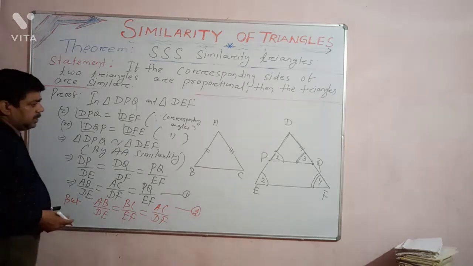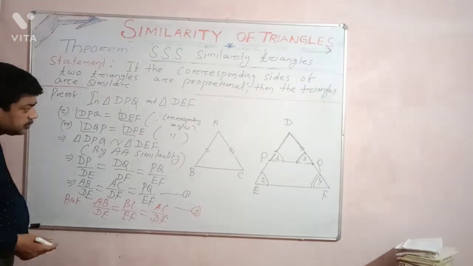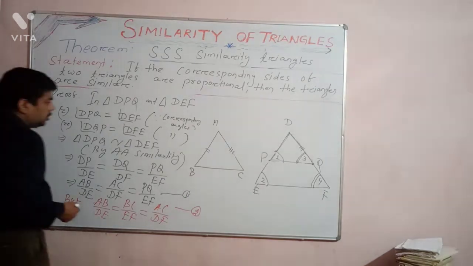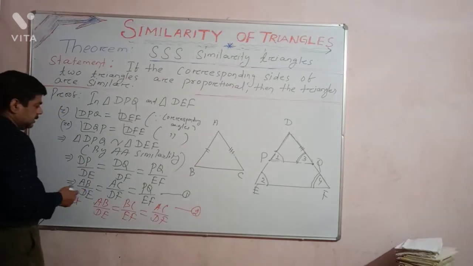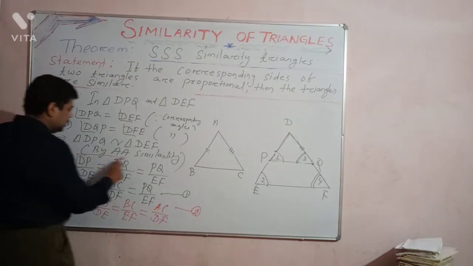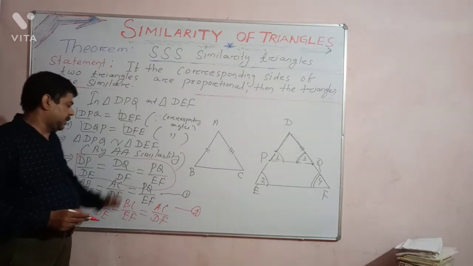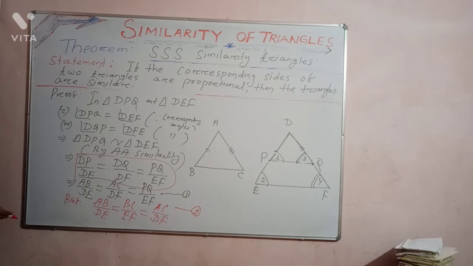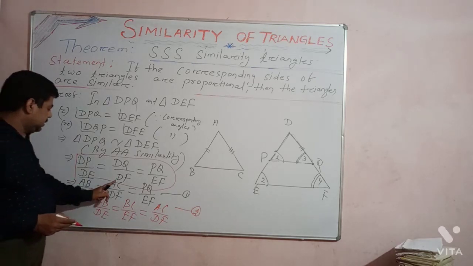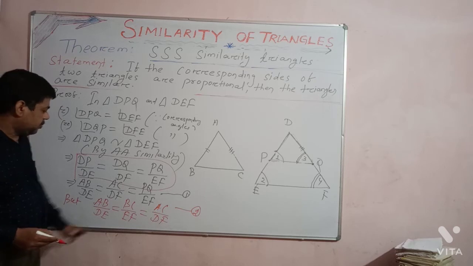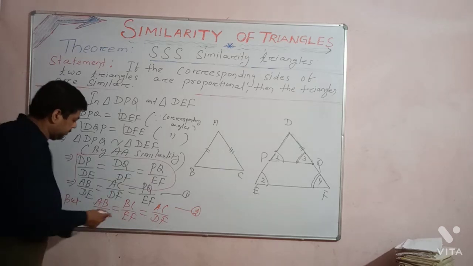Now you see, DP by DE is equal to DQ by DF is equal to PQ by EF, which is the same as AB by DE is equal to AC by DF is equal to PQ by EF. Now you see here BC by EF is equal to PQ by EF. Are you noticing one point?